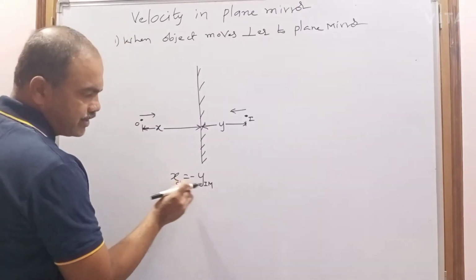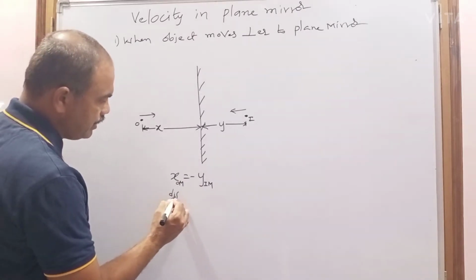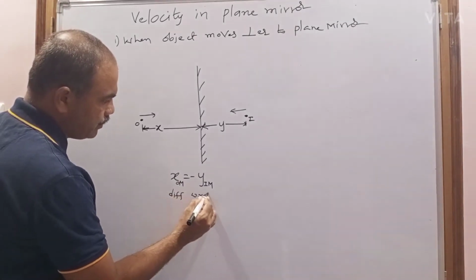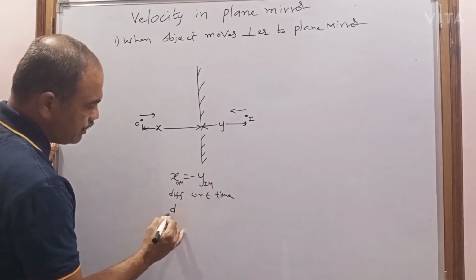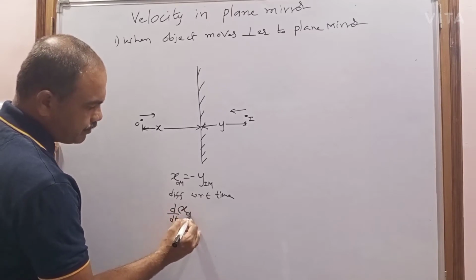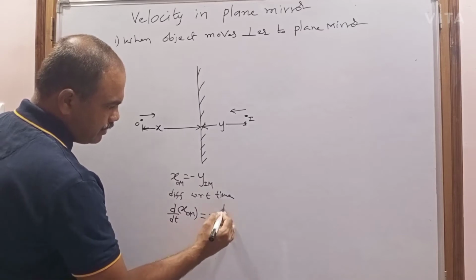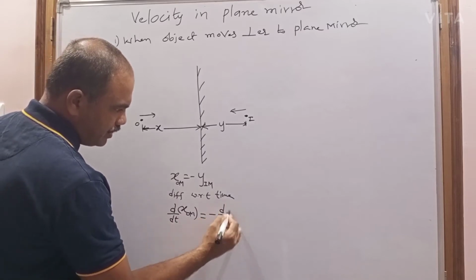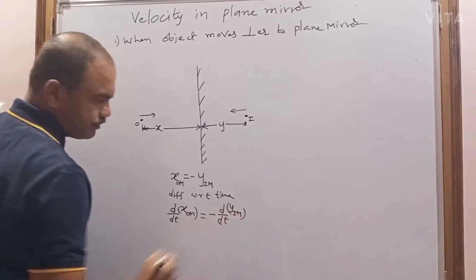When this equation is differentiated with respect to time, what do we get? d by dt of the displacement of the object with respect to the mirror equals minus the rate of change of the displacement of the image with respect to the mirror.